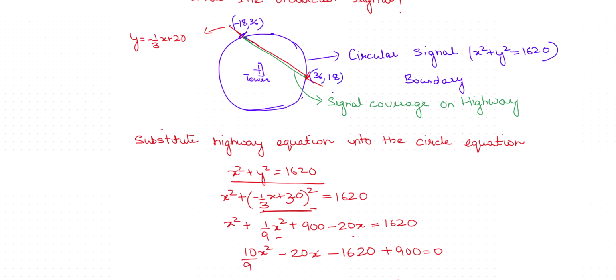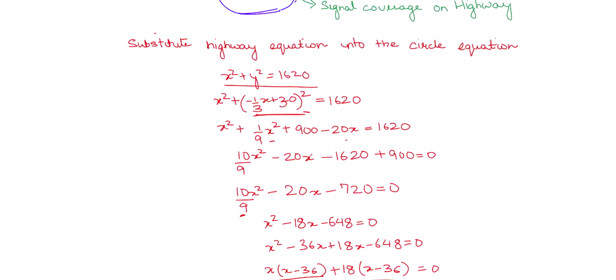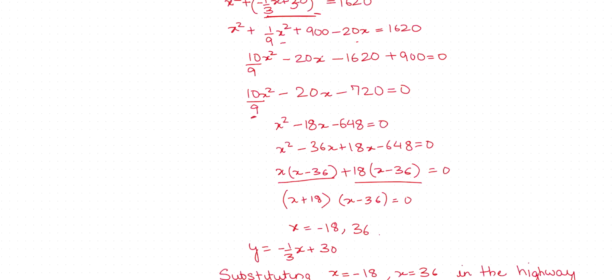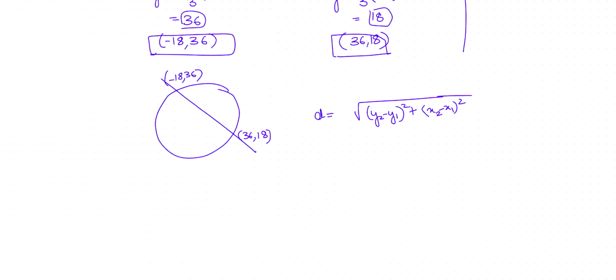Now we can find the length of the highway where the cars are able to receive the broadcast signal with the distance formula. This is the distance formula from which we can get the length of this red line, the length of the highway where cars are able to receive the broadcast signal.